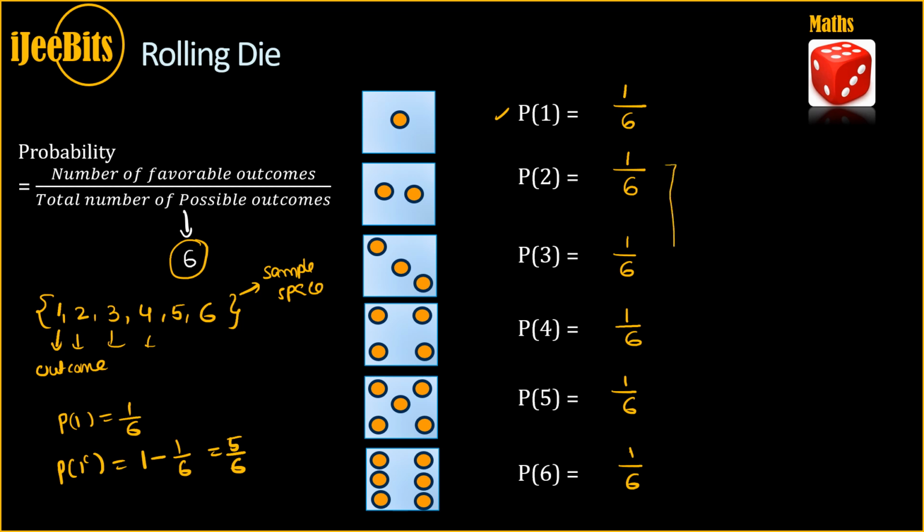If you sum them all, 1 by 6 times 5 is 5 by 6, or you can add 1 by 6 plus 1 by 6 five times. This is the probability of not getting 1, a complementary event to 1. This way you can understand the basic concepts of probability by using a simple experiment known as rolling a die.